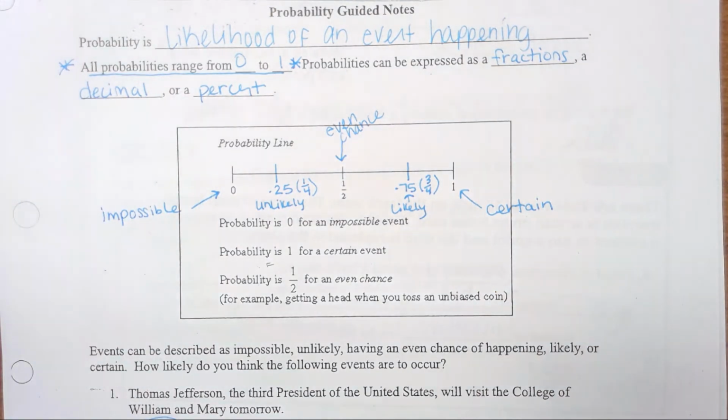And the difference between theoretical and experimental probability is that theoretical probability is what's supposed to happen, and experimental probability is what happened from the experiment. So sometimes it won't always be the exact probability like theoretical is supposed to be, but it's just the probability that happened from the experiment.